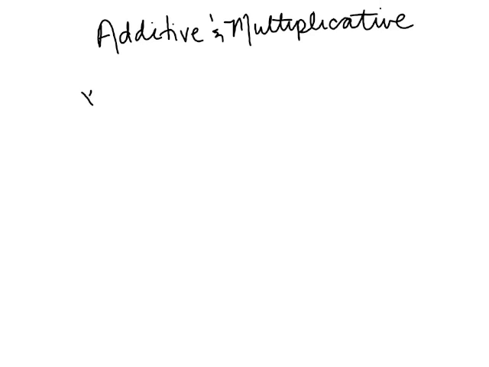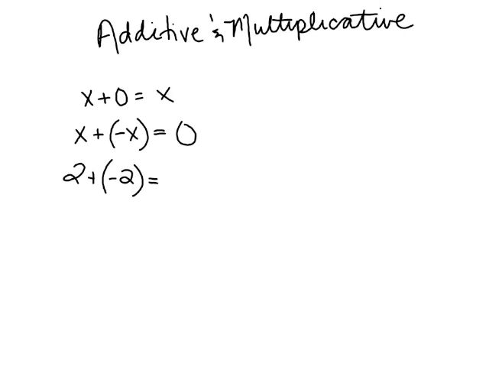So we have an x plus the 0 equals x. If I have an x plus a negative x, what does that equal? 0, right? So if I had 2 plus a negative 2, it equals 0.